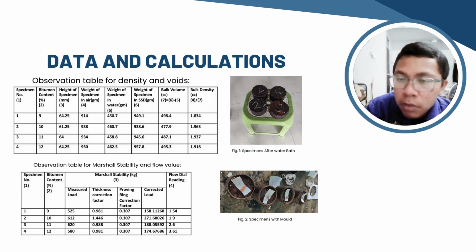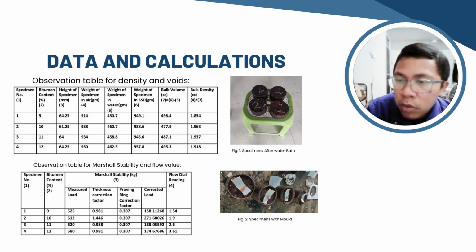For each specimen, the table lists the bitumen content as a percentage, the height of the specimen in millimeters, the weight of the specimen in air in grams, the weight of the specimen in water in grams, the weight of the specimen in saturated surface dry condition, or in short form SSD, in grams, the calculated bulk volume in cubic centimeters, obtained from subtracting the weight in water from the weight in SSD, and the calculated bulk density in grams per cubic centimeter, obtained by dividing the weight in air by the bulk volume.